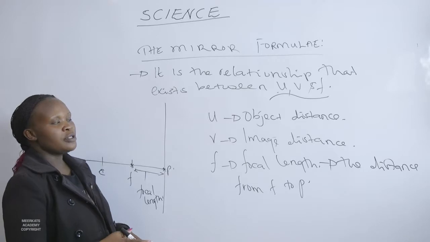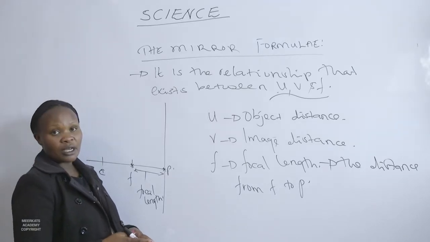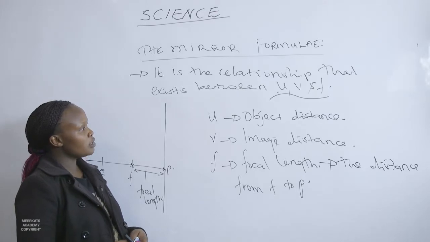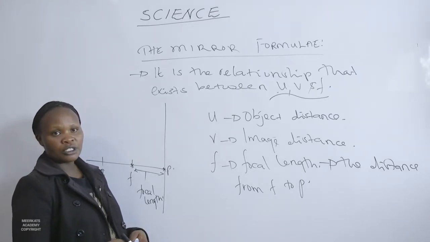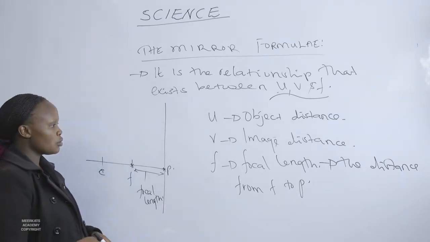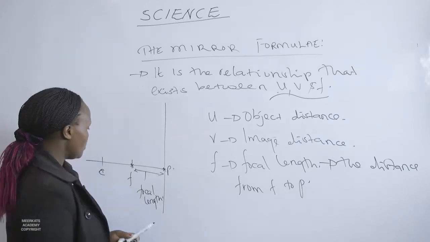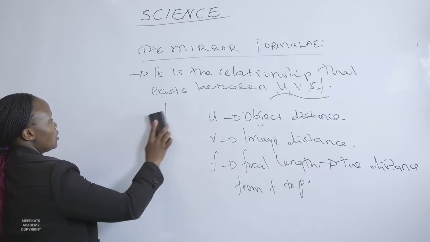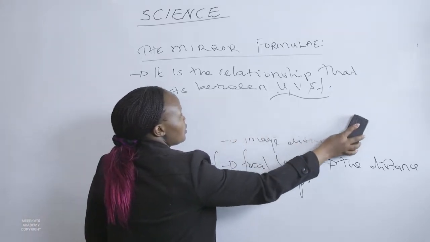Now, as we move on, we are going to realize that we actually have a relationship that exists among the three, and which helps us to calculate any one of them should we be required to do so. We are going to start by stating the formula itself.